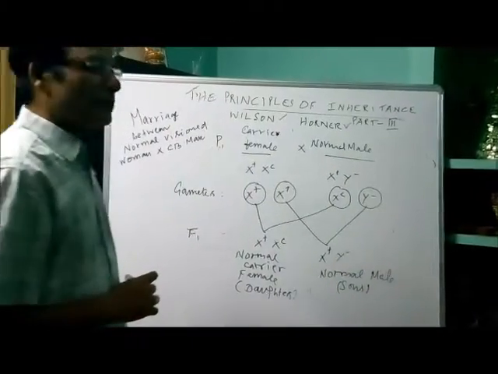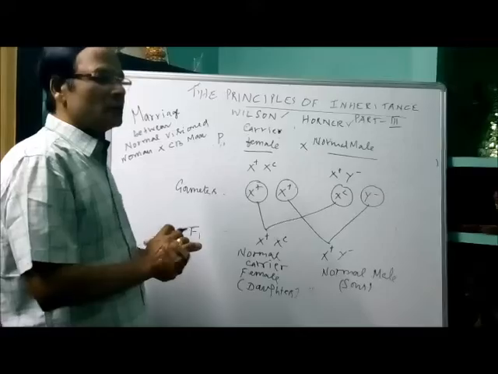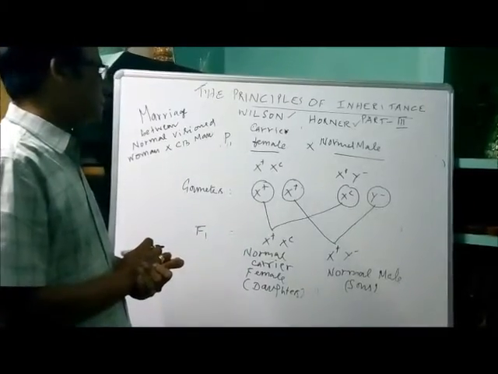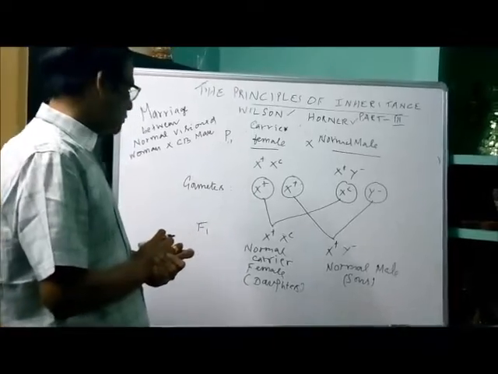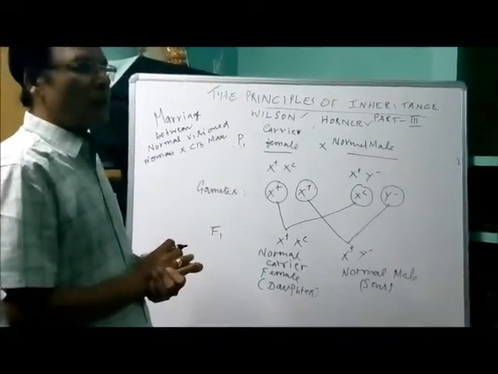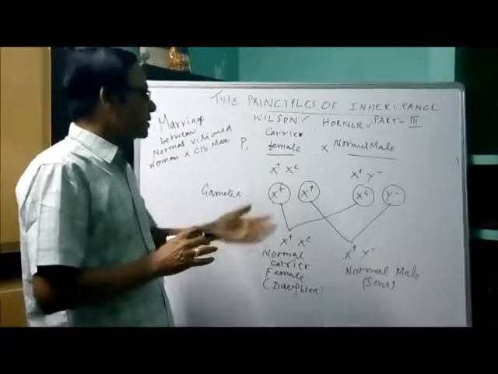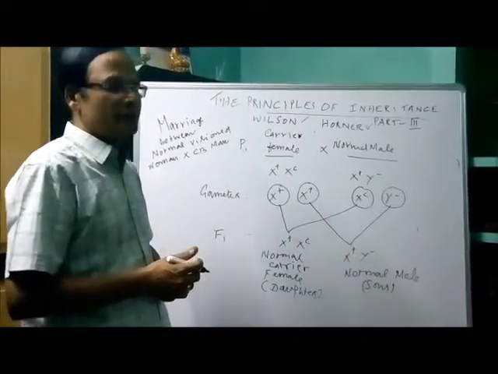Now what is happening? Once the mother is a carrier, definitely in the next generation, the F2, out of the 4, it follows Mendelian inheritance.